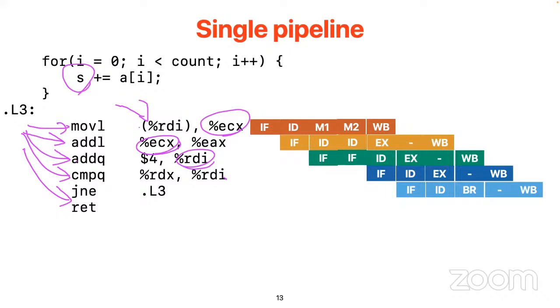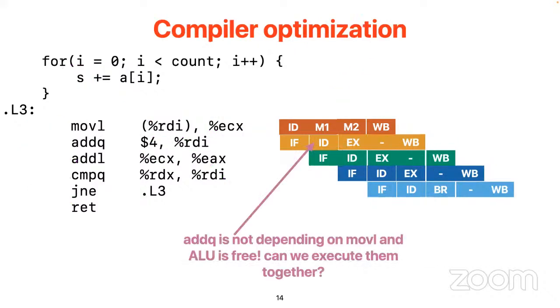So if I have a smart compiler that knows what my pipeline looks like, a very trivial optimization that we could do is flip the order of addq and addl.